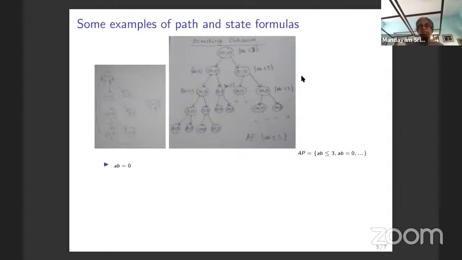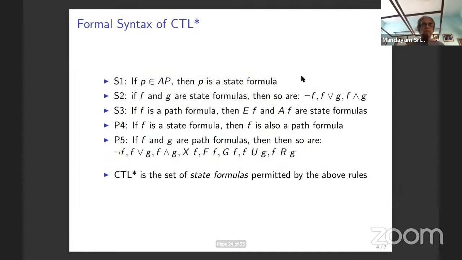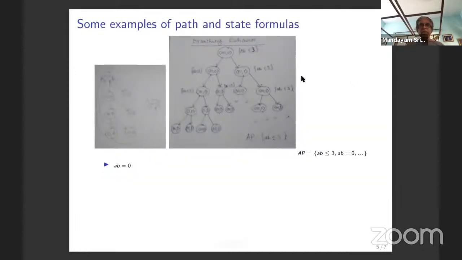So let me give you an example to understand what state formulas and path formulas are, if you're a little bit puzzled. Okay. So given this system, and this is one of the branching behaviors. Since there are two initial states, there is another branching behavior here, starting with this initial state 0, 0, and with the reset being 1, which I have not shown here.